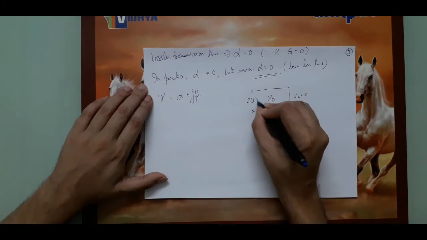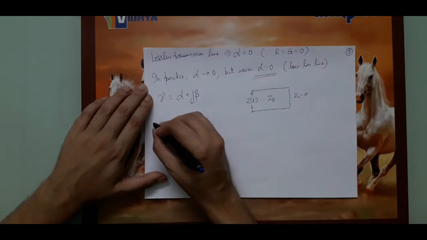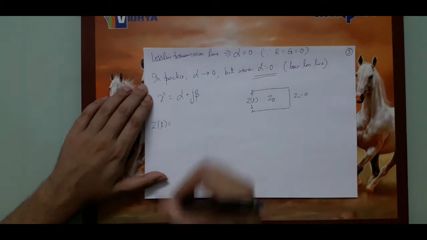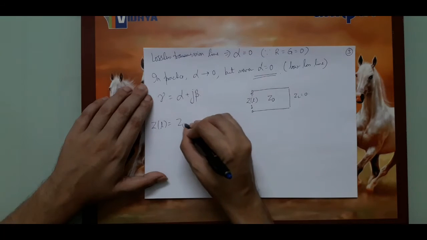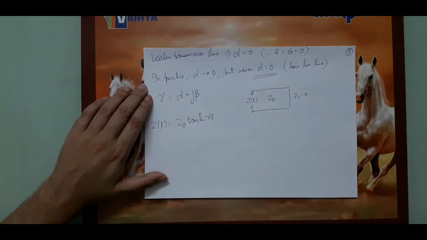What is Z of L? Z of L, if you now apply with respect to gamma, you will see that Z of L will now become Z0 tanh of gamma L.